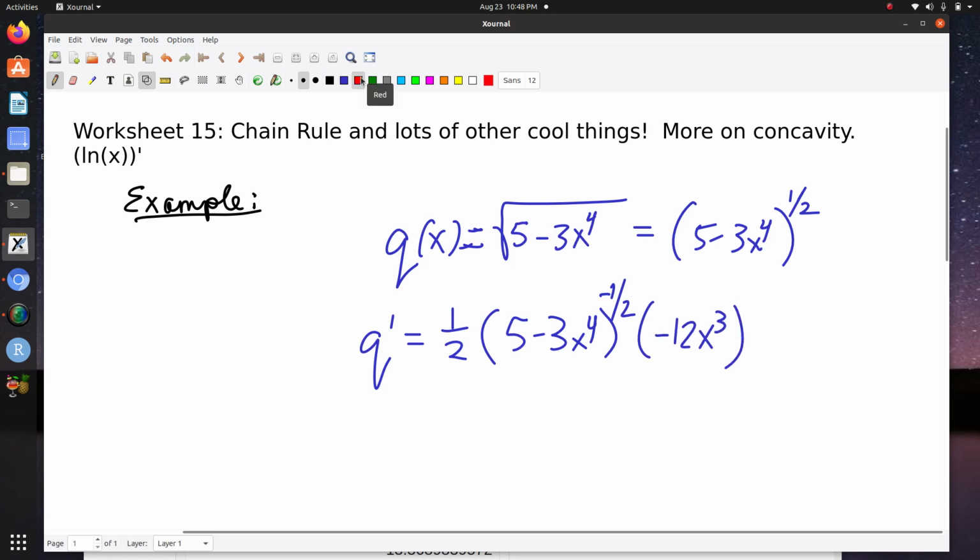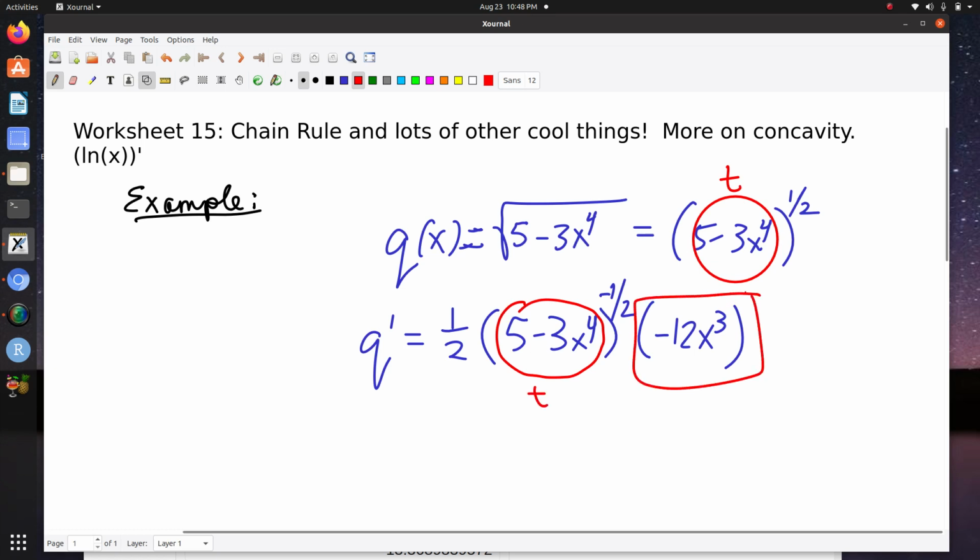Again, what do the pieces look like? Well, if this piece is my t, then first I take the derivative with respect to t, then I multiply by dt dx right there. So this whole mess is dq dt.